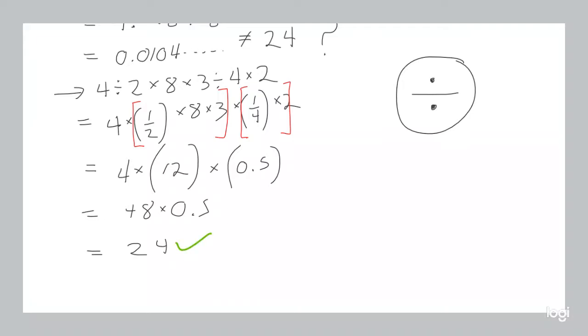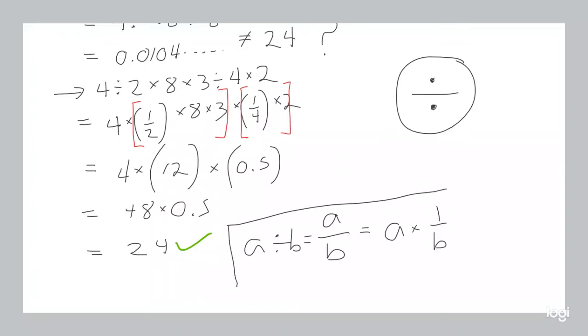So, when you keep in mind what division actually is, it's 1 divided by the number and multiply by that, right? A divided by B, that just means A times 1 over B. Then you can do proper division and multiplication in any order you want, because division is just multiplication.